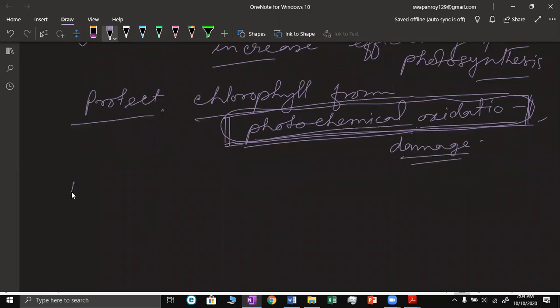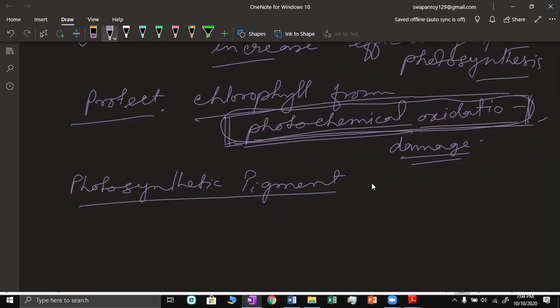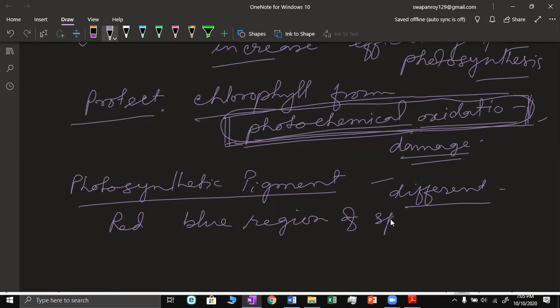Now these photosynthetic pigments absorb light energy at different wavelengths, but maximum absorption is in the red and blue region of the spectrum. At different wavelengths the rate of absorption of light energy is different.